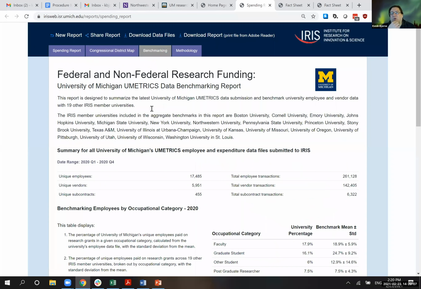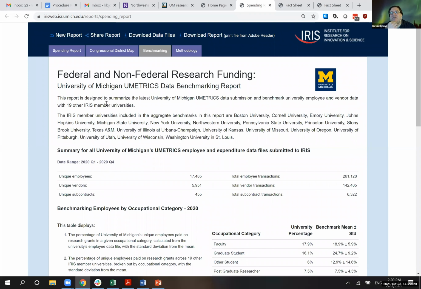And then this report also provides benchmarking. So this is something that every member wants. They want benchmarking. They want to be able to compare themselves against their peer groups. So in this case, the peer group that I've designated, you can see the names of the peer group universities here. Basically, I just grabbed a bunch of them that are IRIS members.